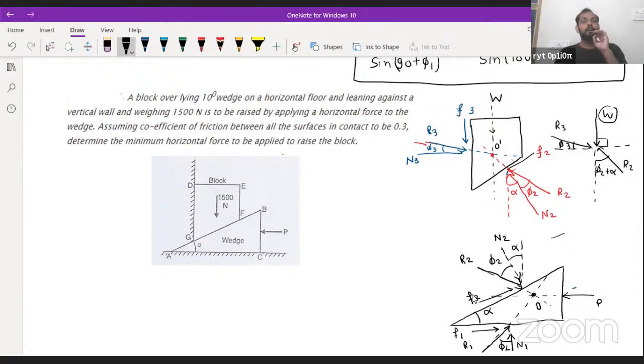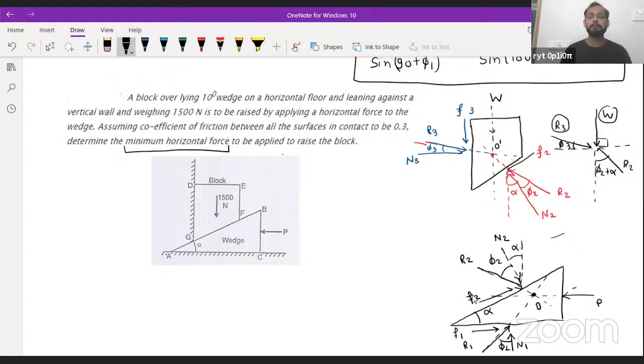But you should have an idea what the question is asking. He is asking the minimum horizontal force. And if you want to know the horizontal force only, P, that means there is no requirement of the value of R3. Then what we will do, we will apply Lami's theorem such that we will get the value of R2 only, and there should be one known value.